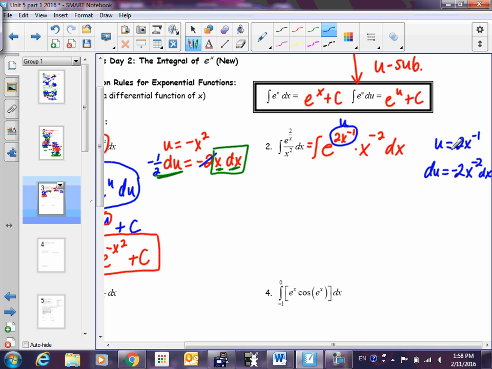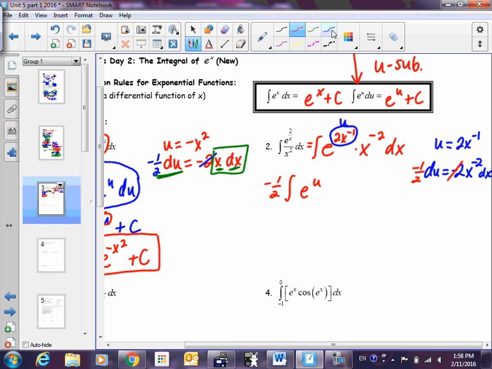Okay, so I'm going to divide over the negative 2. That is something we just do on all the problems, and that number goes out to the front. You can do it later, but might as well do it early in the problem. I know that this e to this power is going to turn into e to the u.